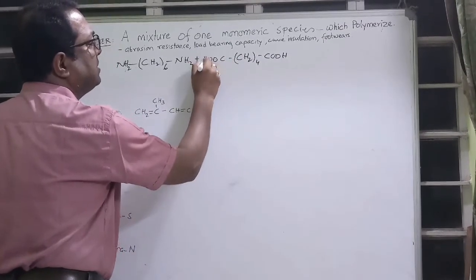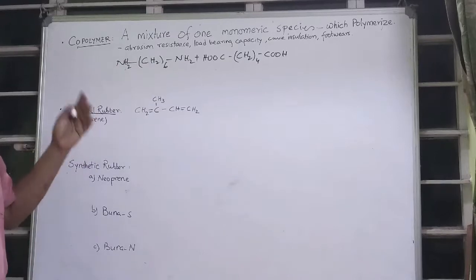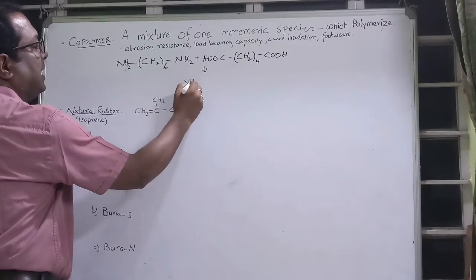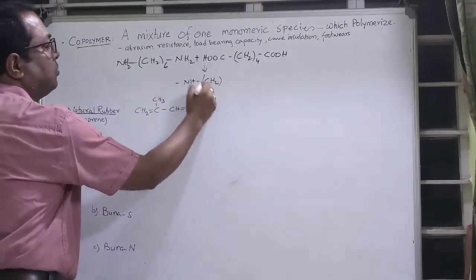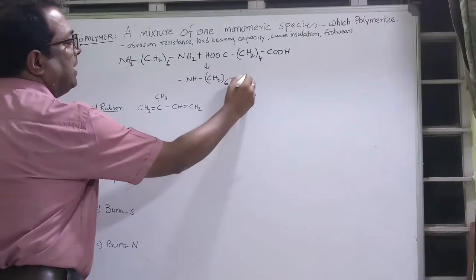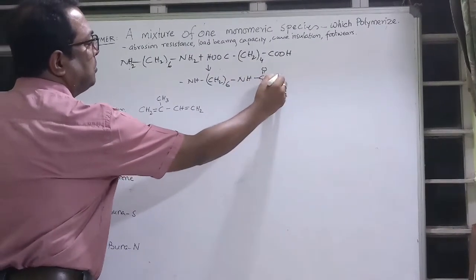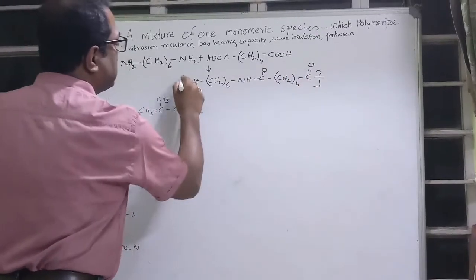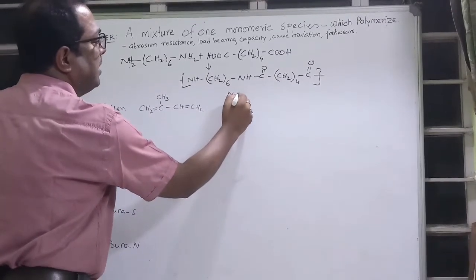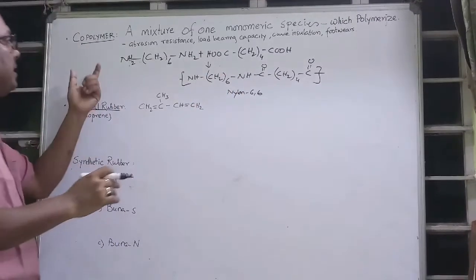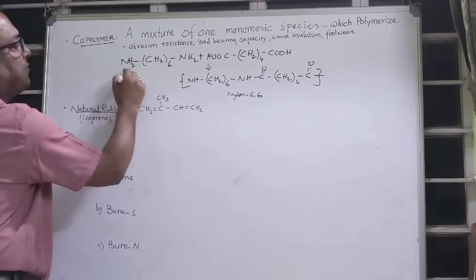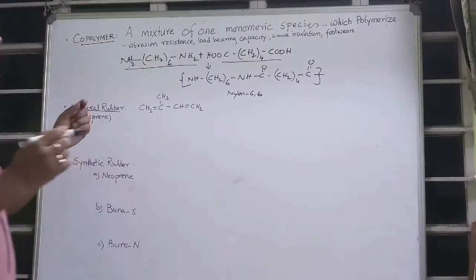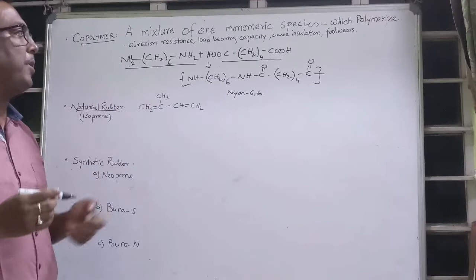So here you can see, student, that two different monomers, when they are united together, form NH CH2 whole 6 NH C double bond O CH2 whole 4 C double bond O. So this was nylon 6,6. It is a copolymer because you have taken hexamethylene diamine and adipic acid.